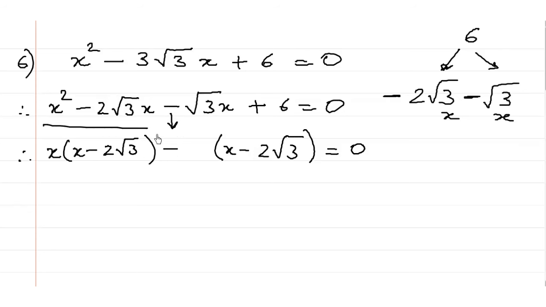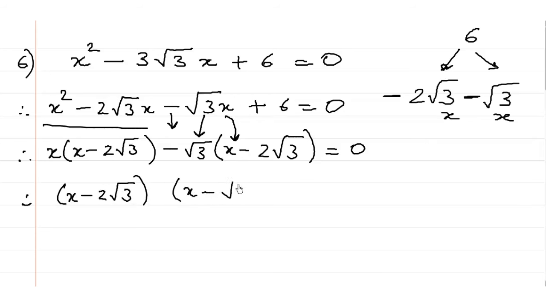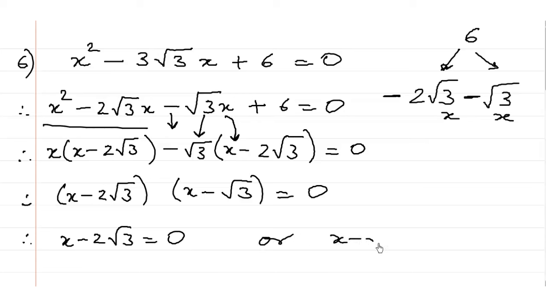If this x were to go inside and this negative is outside, the square root of 3 should come outside. So we have square root of 3 common. If you multiply square root of 3 to both these terms, you will see that you get the previous line. So that's correct. Therefore, x minus 2 square root of 3 common, x minus square root of 3 is equal to 0. Therefore, either the first bracket is 0 or the other bracket is 0.